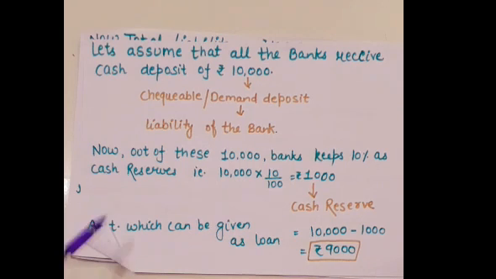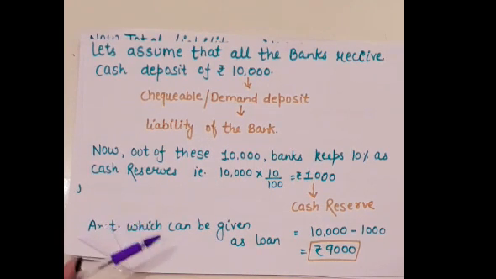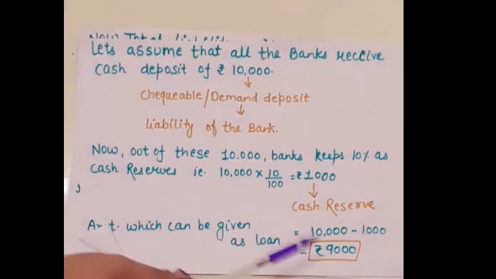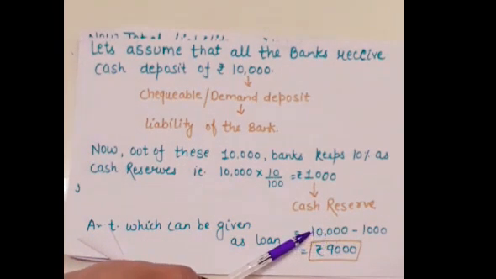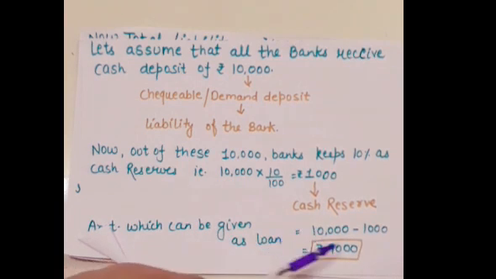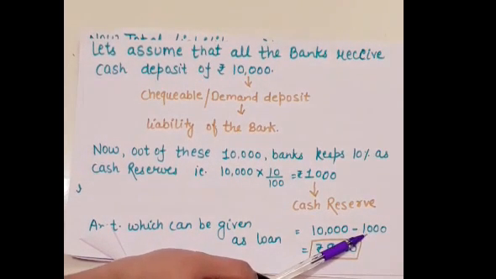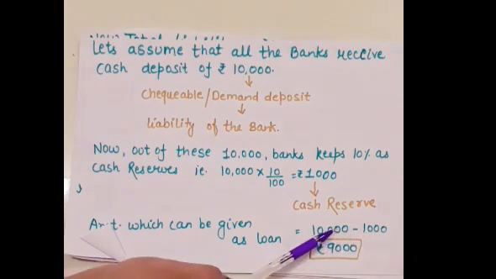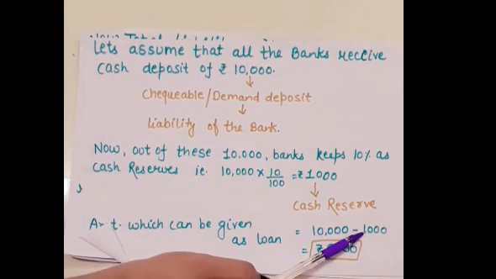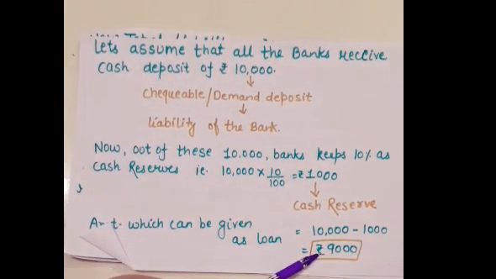Now the amount which can be given as loan is, देखो फॉर्मूला होता है, actual deposit, that means initial deposit, minus the reserves which you have kept with yourself, that means cash reserves. So initial deposit minus cash reserve is rupees 9,000.